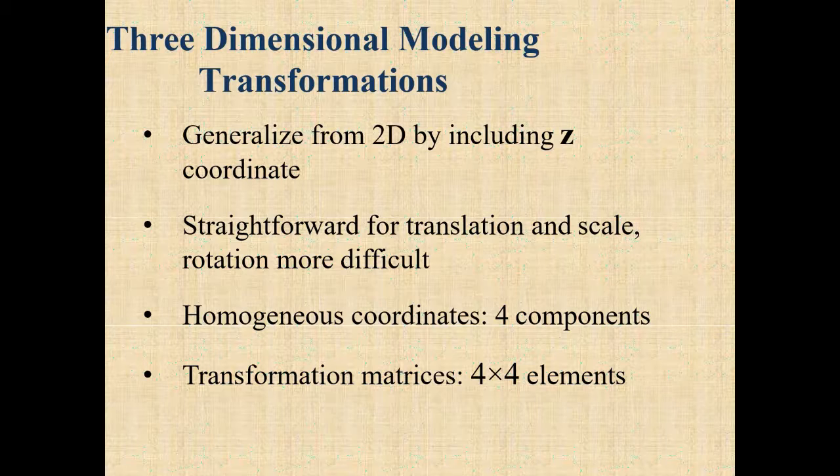For translation, we are going to have tx, ty, tz, these three variables. For scaling, we have sx, sy, sz. But for rotation, we only have cos theta and sine theta. So we need to keep in mind in which plane it is occurring, and the equations and transformation matrices will change accordingly.